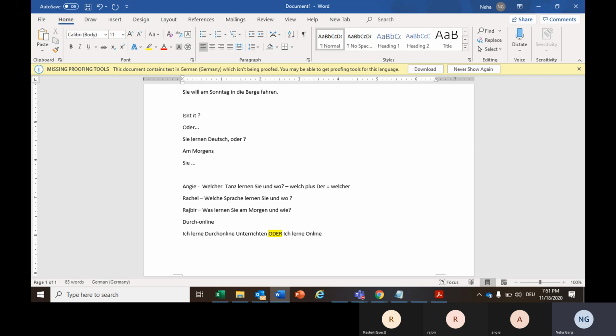Angie, written. Rajveer, written. Okay. Ich lerne Deutsch und Englisch durch online. Okay. So durch online, Angie, there should not be any space between durch and online. Either you can write it this way, durch online unterrichten, through online classes, oder nur durch online without any space.